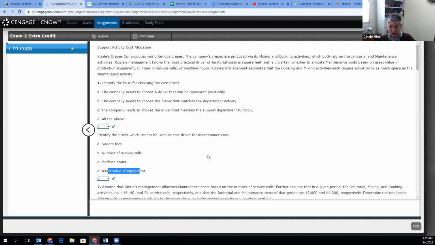However, to get credit for this, you need to give the answer that it wants, which is asset value of equipment. But again, it can be used, it just shouldn't be used. So I wanted to clarify that.